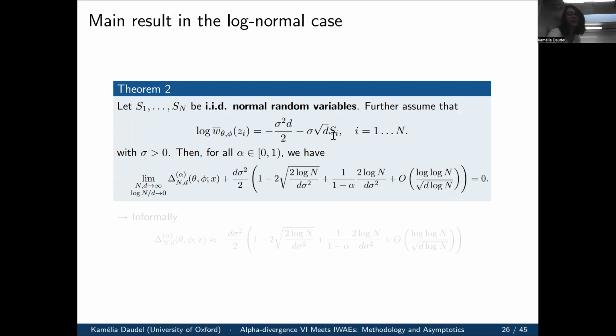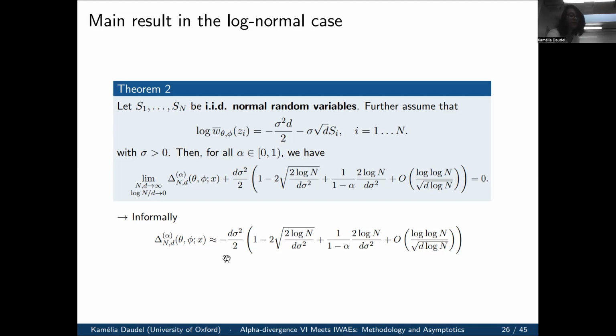Okay, so log normal case, here's the result that we have. Assuming that my relative weights are of this form, the one from before, then I can write the following asymptotic regime for my variational gap. Informally, now we relax a little bit because it's already been 40 minutes in the talk. What this result says is that as n and d go to infinity, assuming that log n divided by d goes to 0, here's the behavior of my variational gap.